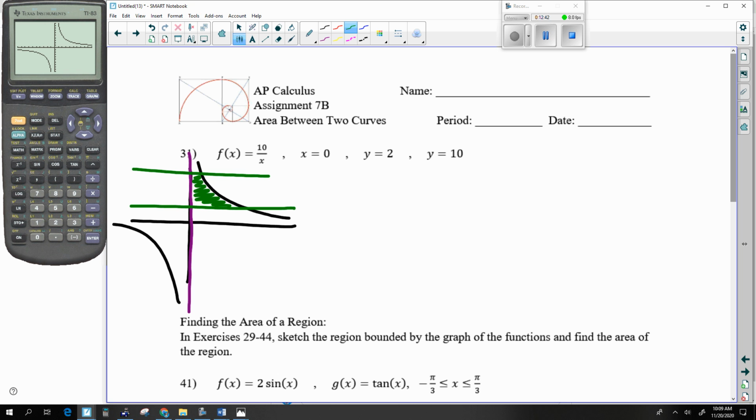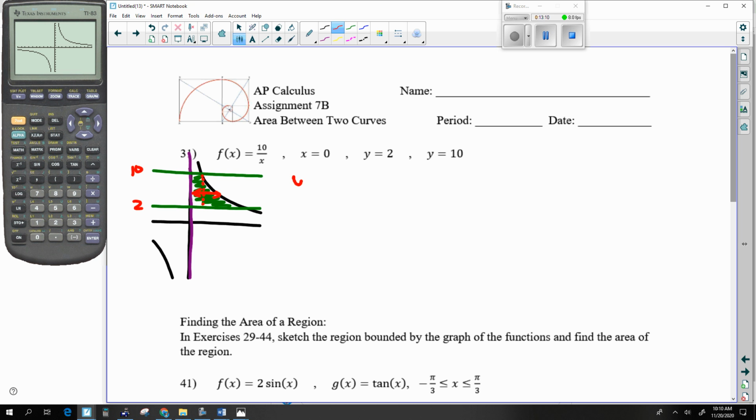Now you could do that up and down, but again, that'd be kind of silly because you would have to separate it, because you don't have a distinct top and bottom everywhere along the route. Here I do have a distinct right and left, from 2 to 10. It's always the curve minus the axes.